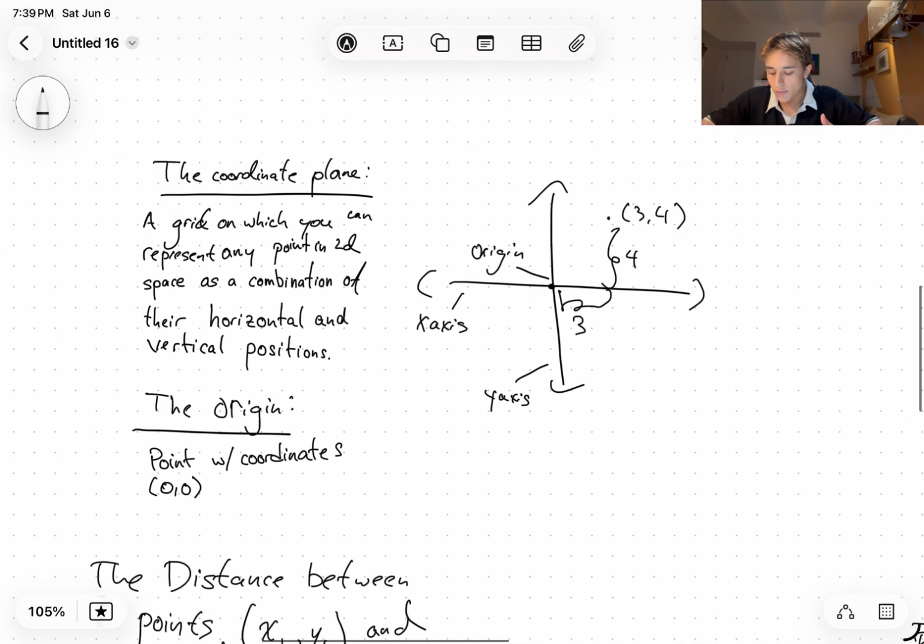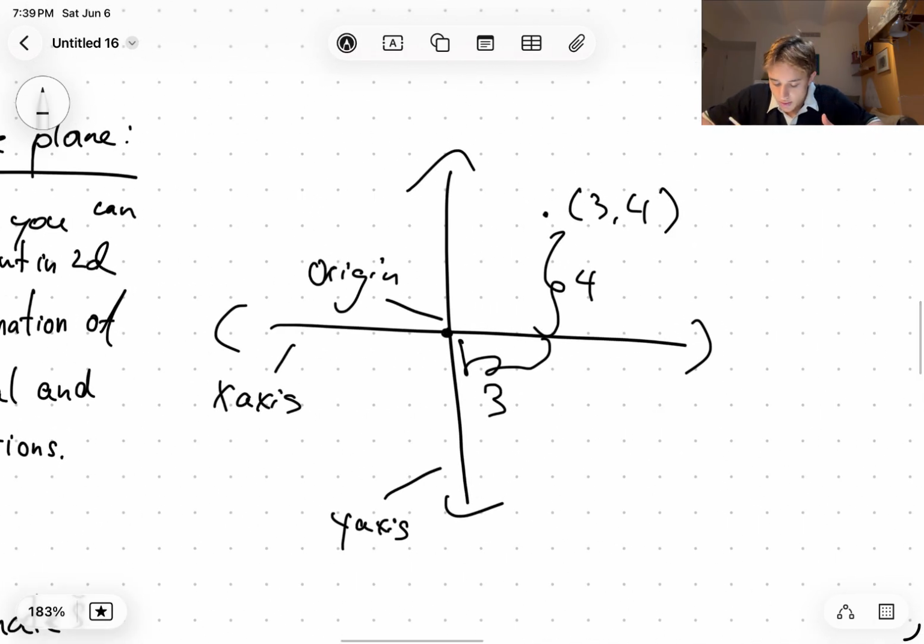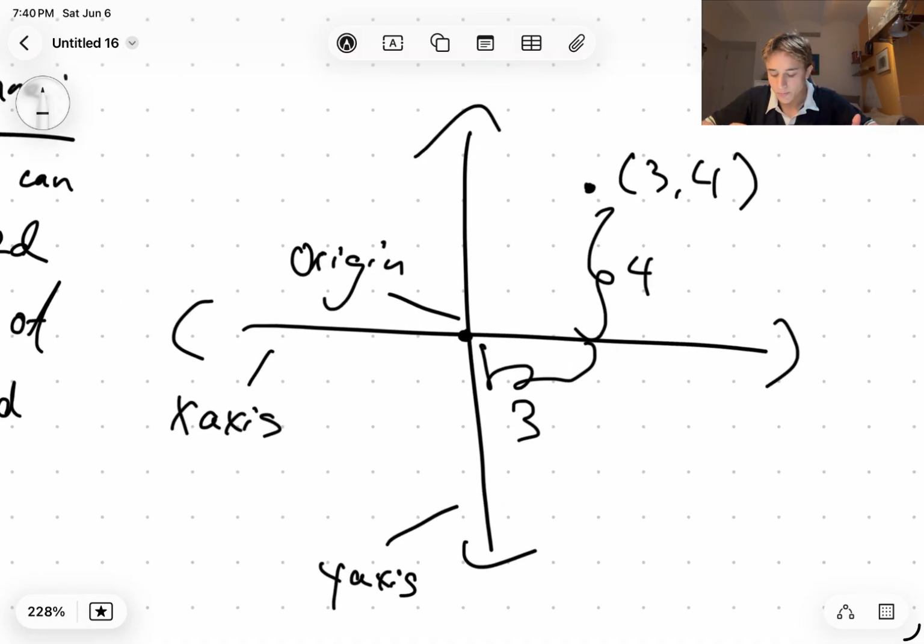So, if we look at our diagram here, this point right here has coordinates 3, 4 because it's 3 to the right of the vertical center, and it's 4 above the horizontal center. So that's why that point has 3, 4 as its coordinates. You can tell it's 4 above the x-axis and 3 to the right of the y-axis.